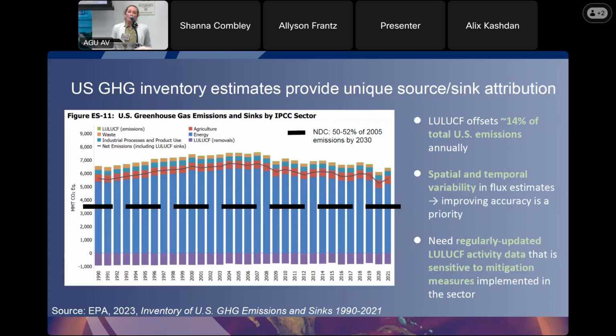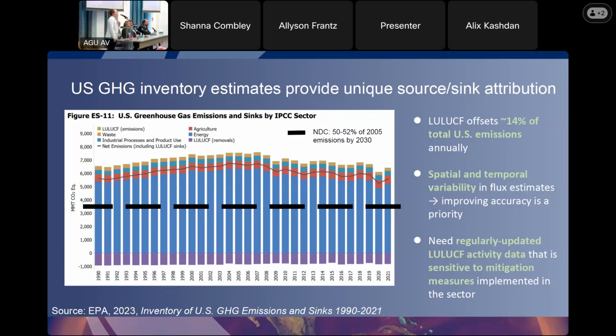With these activity-based approaches to building a greenhouse gas inventory, the inventory has a unique strength in its ability to attribute emissions and removals specifically to these biological fluxes, to specific sources, and to specific spatial scales.